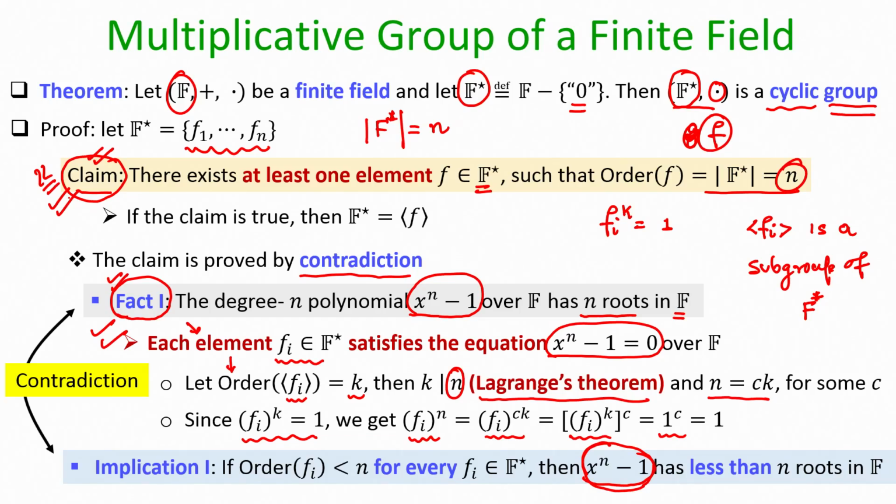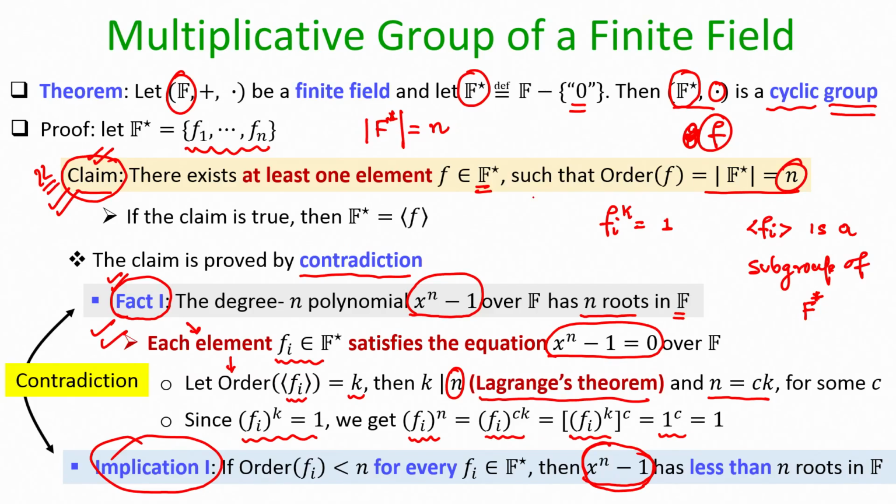That is the proof strategy. So now the proof boils down to proving this implication, assuming that the statement in the claim is incorrect.